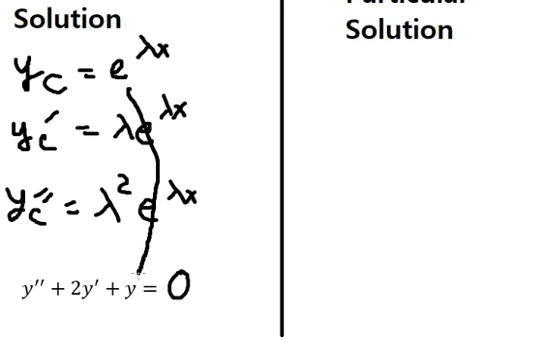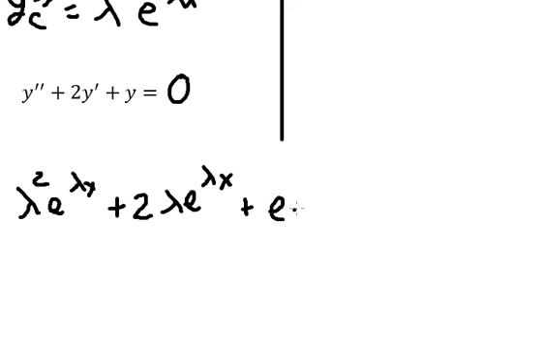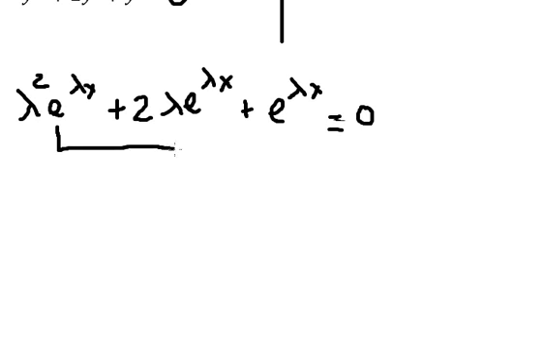Now I will put this one here, this one here, and this one here. So we have lambda square e to the power of lambda s plus number 2 lambda e to the power of lambda s, and this one we have e to the power of lambda s equals to number 0. So in this situation, we need to do factorization by e to the power of lambda s.